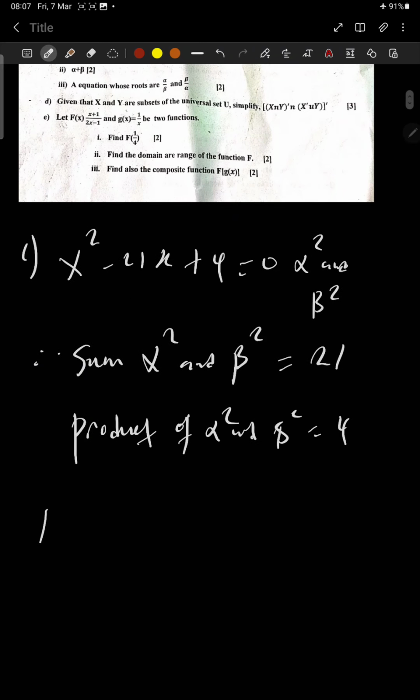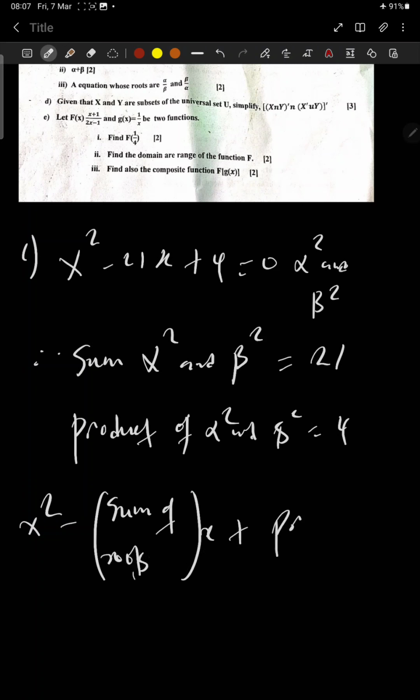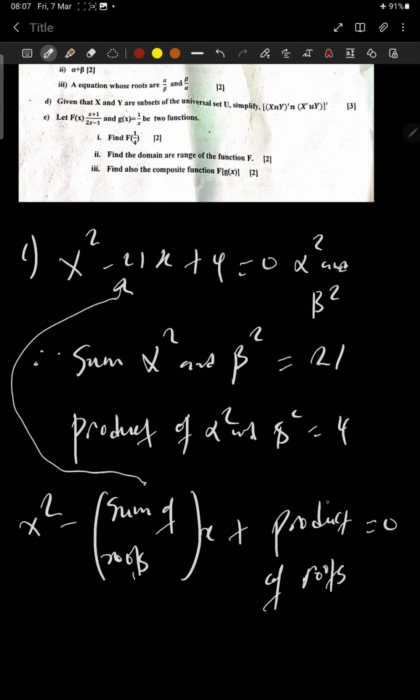Because this is in the format of x squared minus sum of roots x plus product of roots equal to 0. Now notice what the sum is related to. The sum is related to 21 and the product is related to 4.